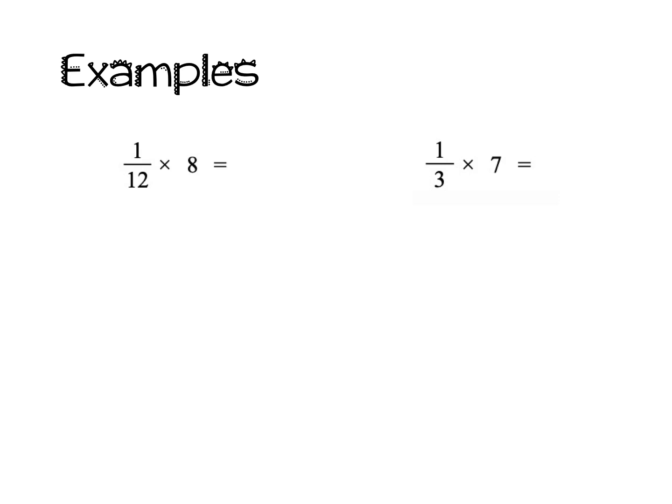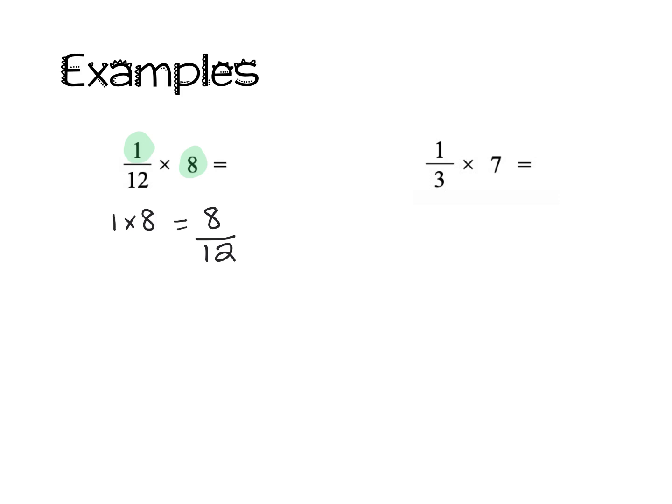Now let's look at a couple examples. We're still multiplying by unit fractions, and we're still just multiplying our whole number by our numerator. So 1 times 8, or 8 times 1, is 8, and we keep the denominator the same. Now this is not an improper fraction, but it can be simplified, and that means that I can divide the top and the bottom number, or the numerator and the denominator, by the same thing.